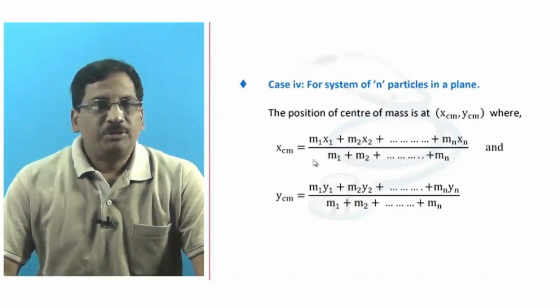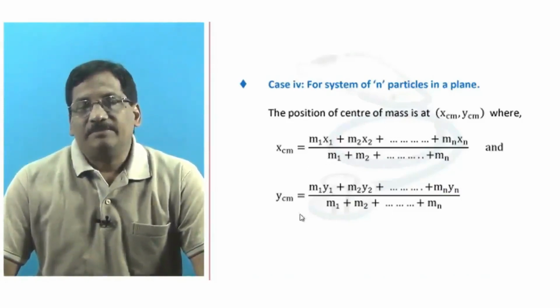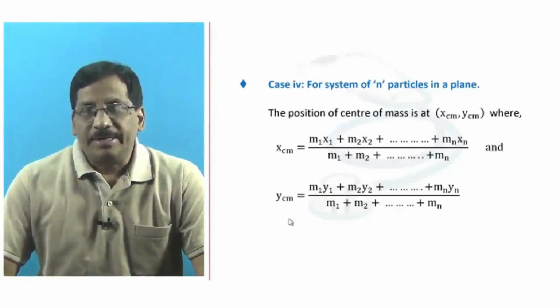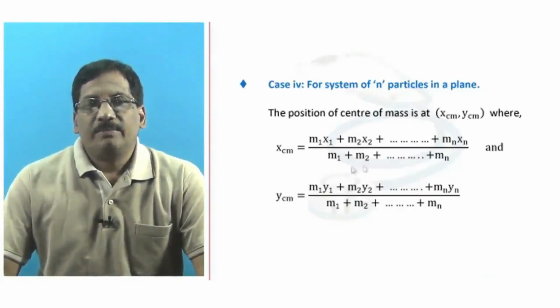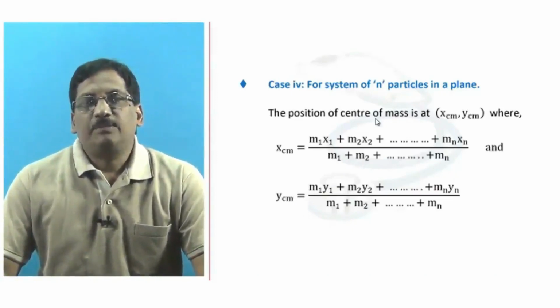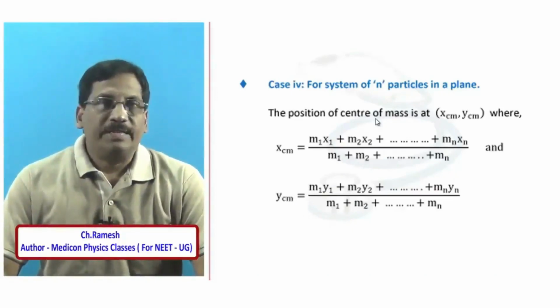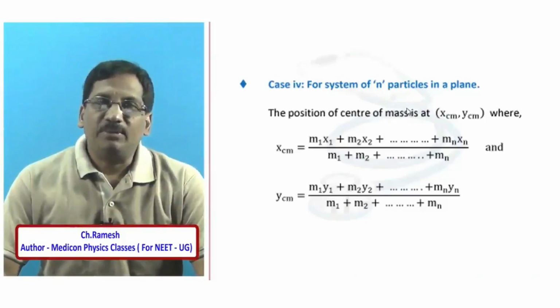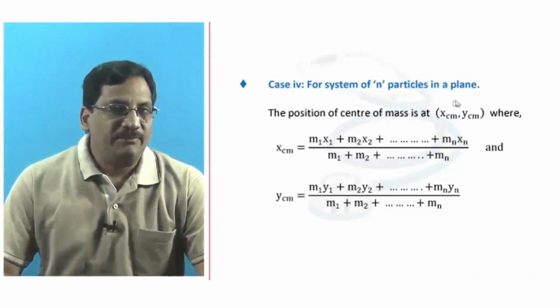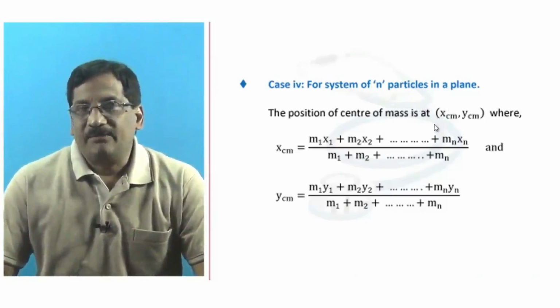So now the position coordinate of the center of mass in the xy system is given by two coordinates xcm and ycm, where xcm equal to, because each particle is with two coordinates, m1 will be the x1 y1, m2 x2 y2, m3 x3 y3 and so on to mn xn yn.